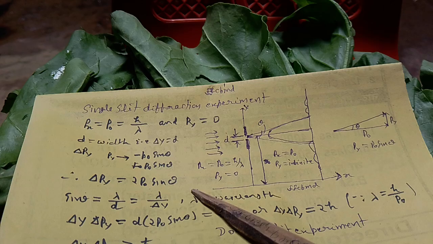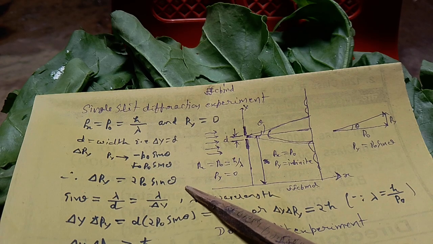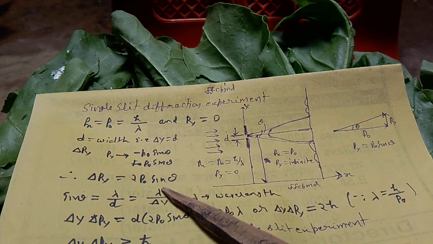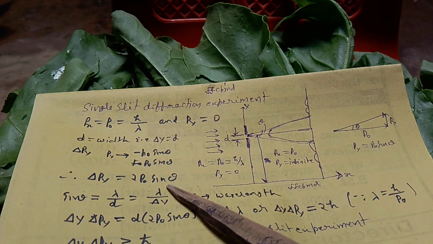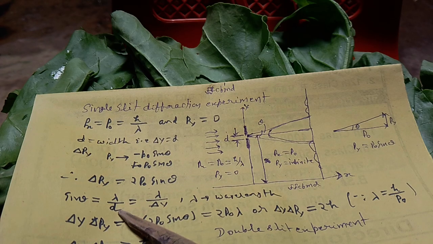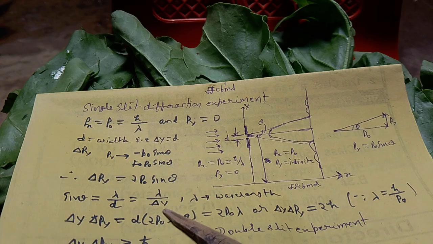Now, we know from diffraction theory that the angular spread of the pattern is inversely proportional to the width of the slit. Hence, sine theta equals lambda by d equals lambda by delta y.